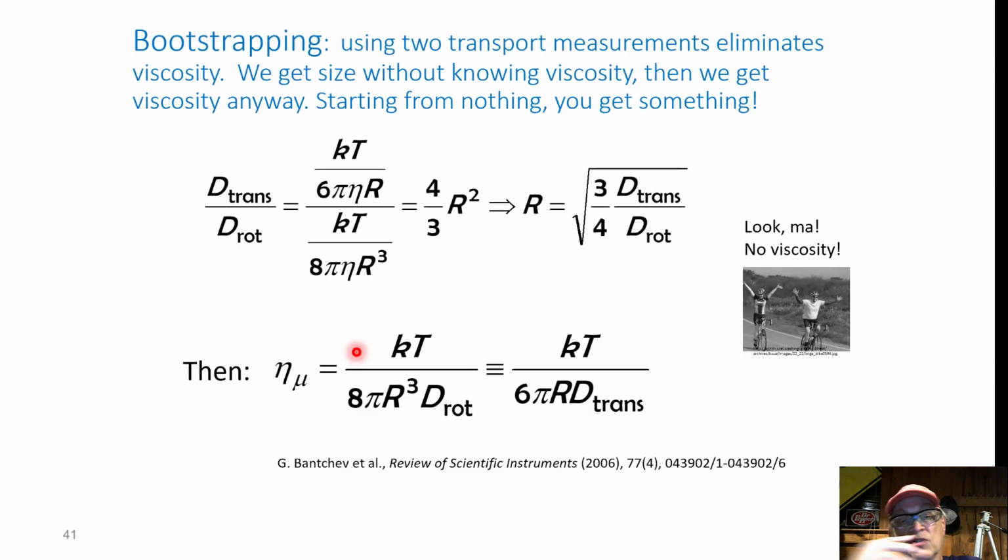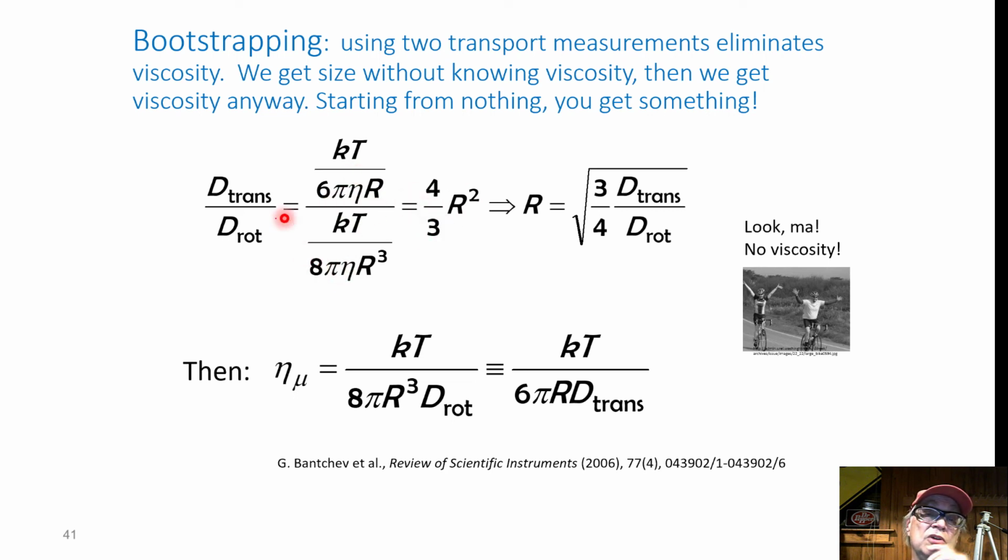Now what's really interesting is that you can take the ratio. If you can measure two transport coefficients, you almost have done like a thermodynamic level experiment. You've certainly eliminated something. I measure the translational and I measure the rotational, and look, I come up with a radius without ever needing to know the viscosity.